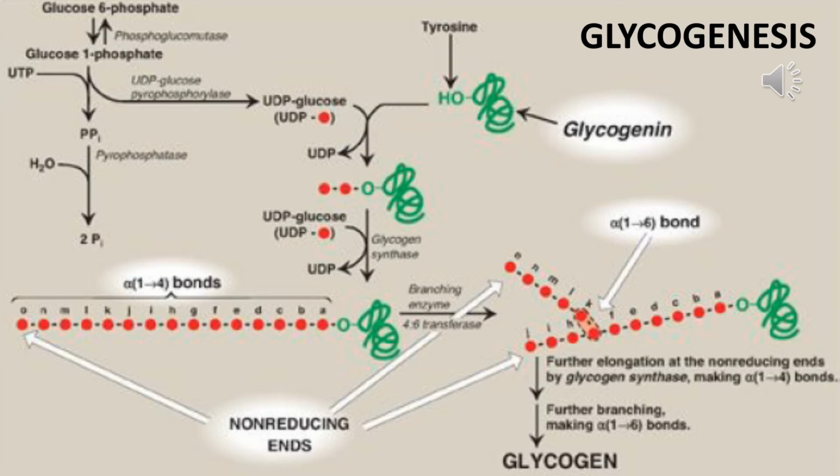First of all, the first glucose residue arrives and it is added on to the tyrosine residue of glycogenin. Remember, carbon number 1, the reducing carbon of glucose, is added to the tyrosine residue of glycogenin, and the enzyme is glycogenin itself. Thereafter, 7 more glucose residues are added in the same manner.